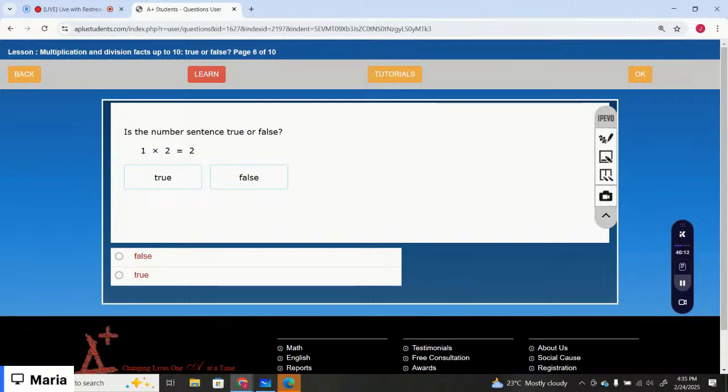Is the number sentence true or false? 1 times 2 is 2.